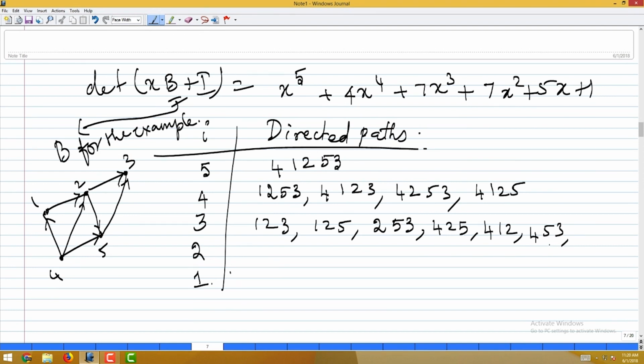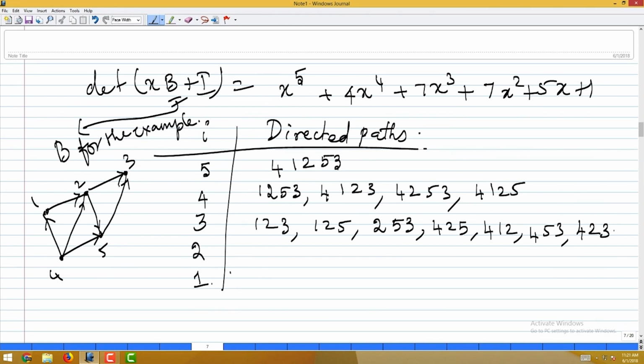Anything else? 4, 2, 3, yes. 1, 2, 3, 7 has come in. So, we have 7 paths and there is no more. You can exhaustively search here and see that it is satisfied.